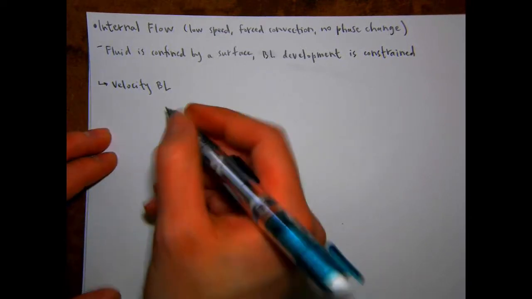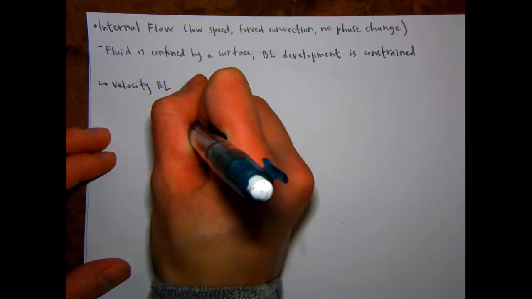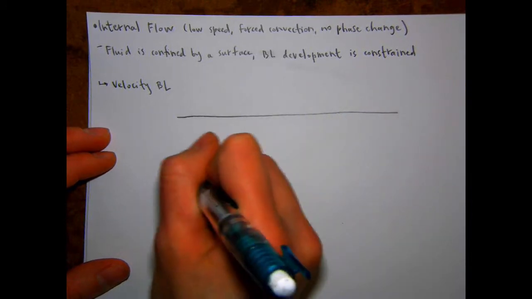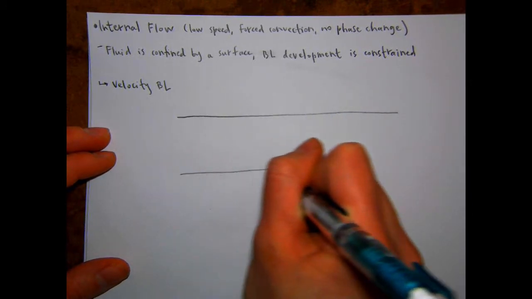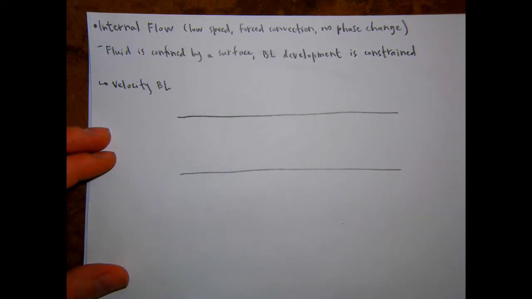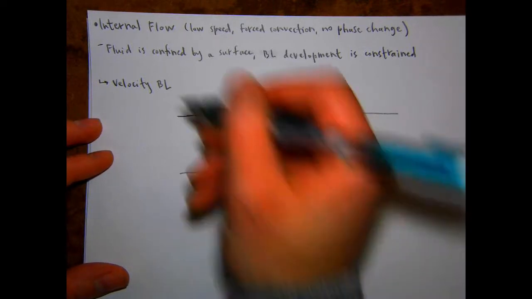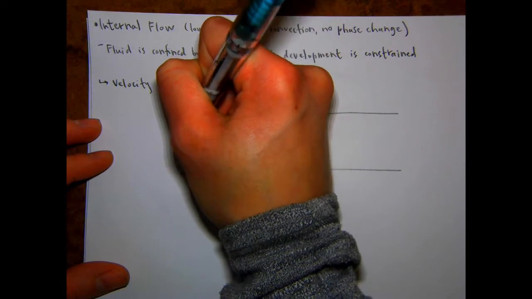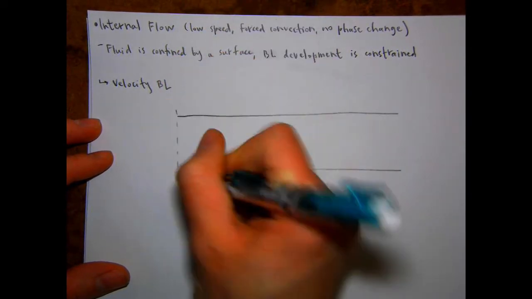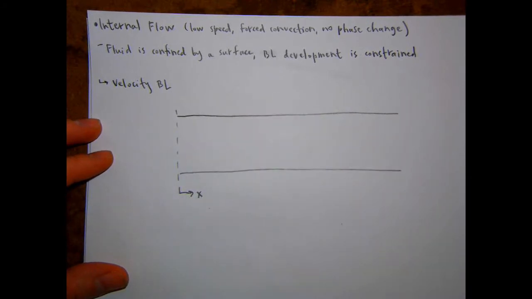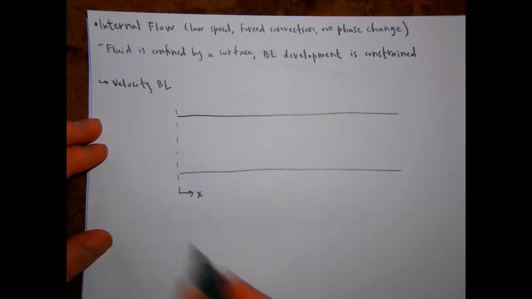So we'll get a sketch up here of what the velocity boundary layer in, for example, a pipe looks like. So we've got a side view of a pipe, so imagine that we've cut directly through the center of it, and we're looking in from the side. We've got the inlet here to the left, so we're assuming that the x direction is from left to right.